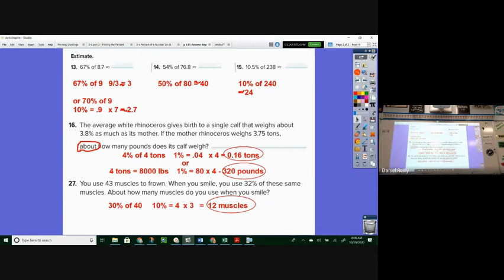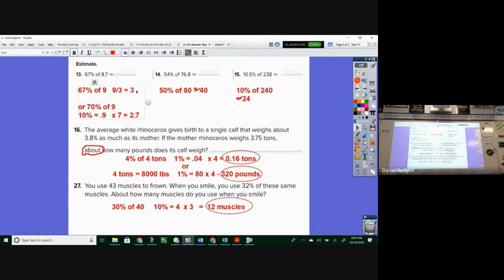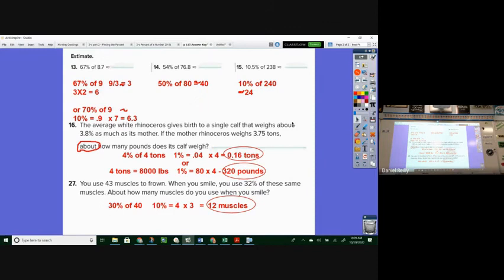Okay, then 3 times 2 equals 6. Or over here, 0.9 times 7. 0.9 times 7 is not 2.7. What's 0.9 times 7? 6.3. Yikes. I tried checking my work with my Google Home Mini. My Google Home Mini is kind of dumb.